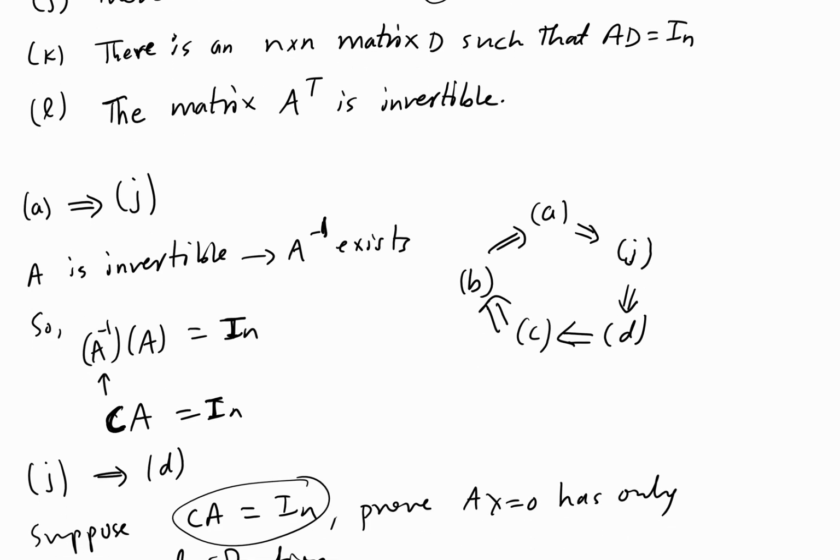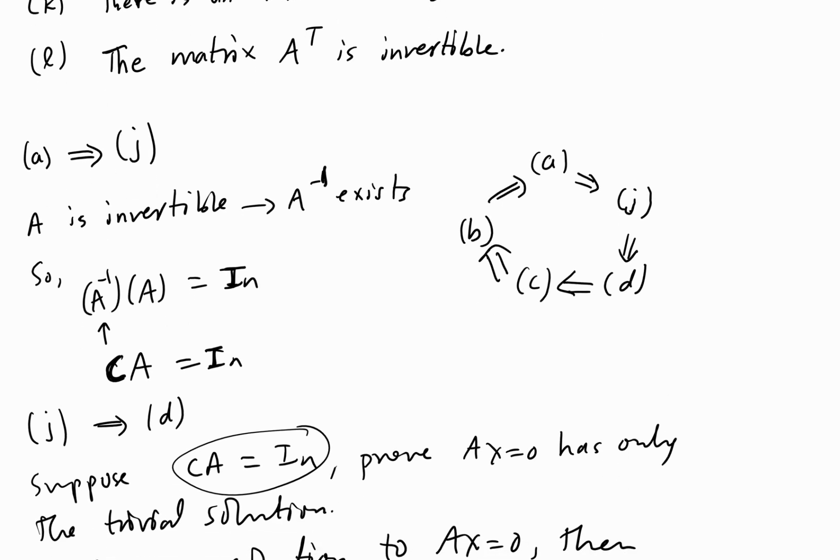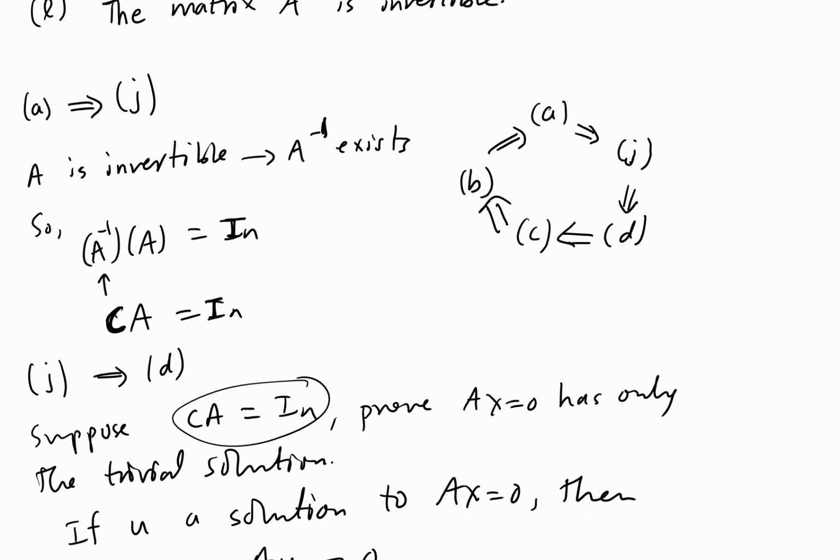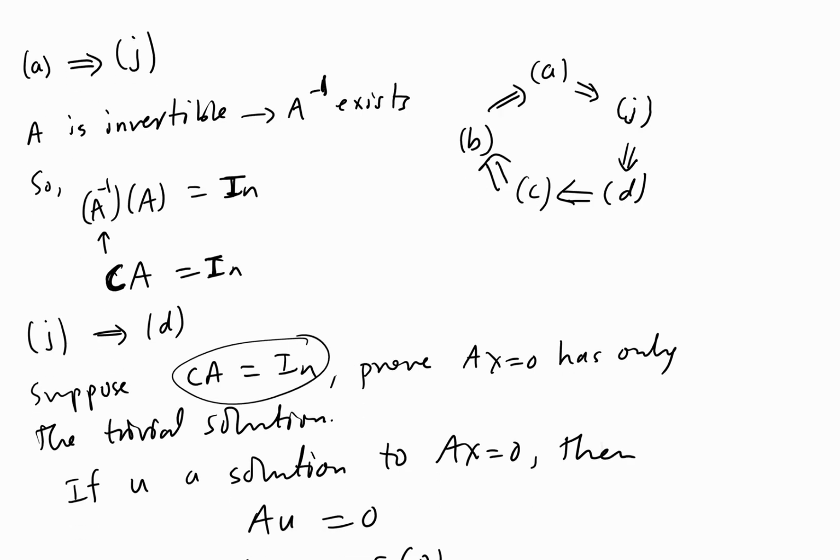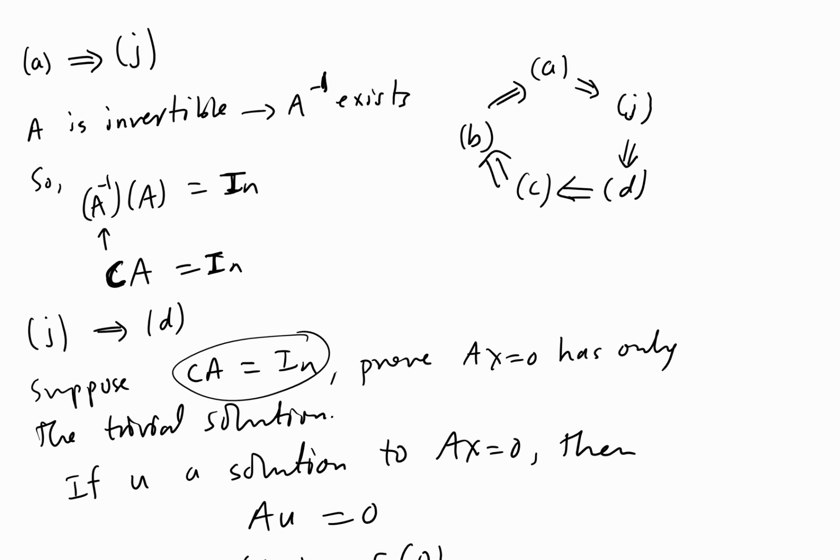So we have, suppose CA equals In, and we need to prove that AX equals 0 has only the trivial solution. How do you do that? We can let U be a solution to this matrix equation, AX equals 0. Then it satisfies the equation. In other words, you can replace X with U. So you get AU equals 0.